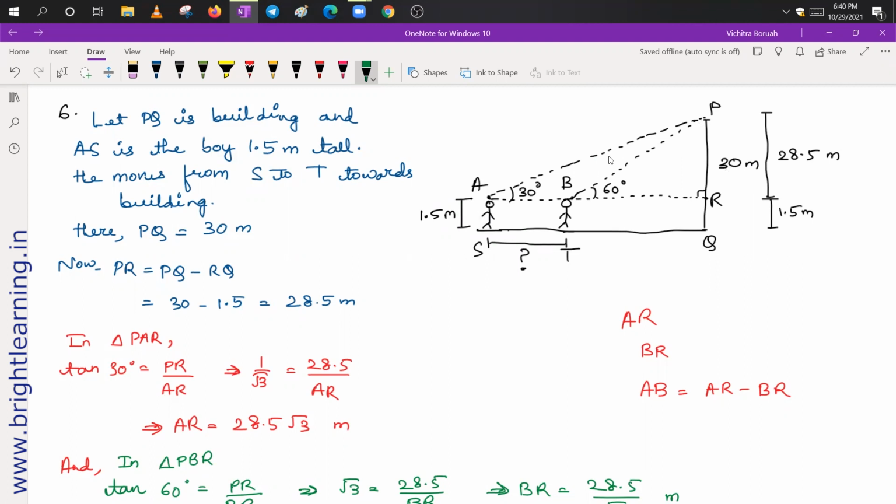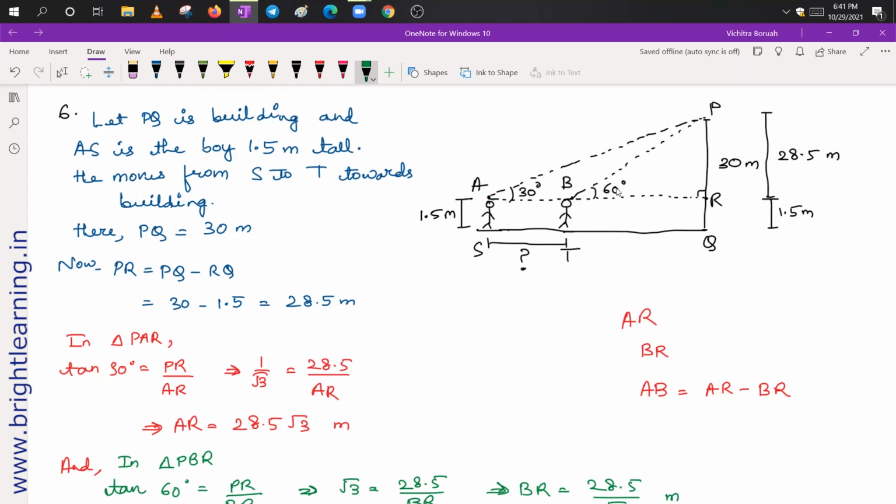So from this point, the angle of elevation is 30 degree. And when this boy moves towards the building, suppose he reaches point T. Okay. So from point T, if he watches the top of this tower, at this point the angle of elevation is 60 degree.